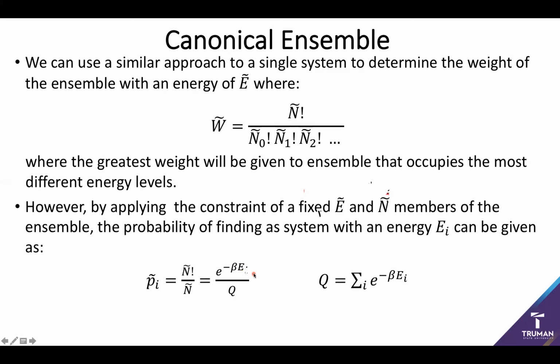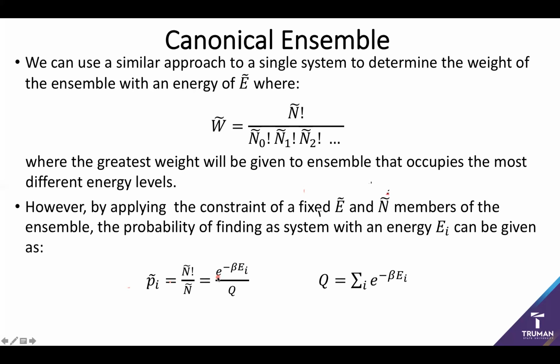And again, we can do this by generating a probability of finding a member of the ensemble in state i, based on the number of systems in state i over the total number of systems in the ensemble. So again, we're essentially treating the ensemble the same way we did individual systems, just scaling it up.